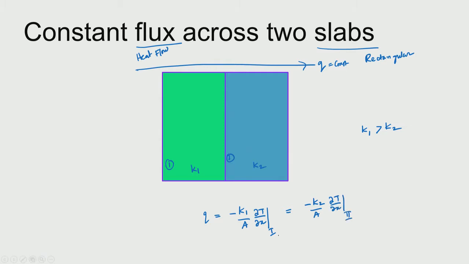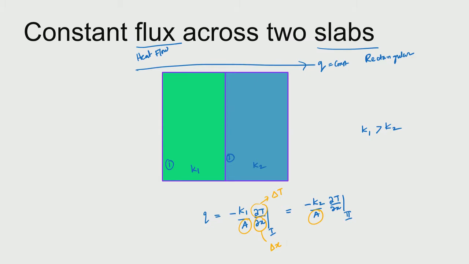Now, we look at this expression and realize that you could simplify the situation, saying that the cross sectional area is the same, which is true here, and we approximate dT as delta T, the temperature difference across, because at steady state the temperature profile is anyway linear, and this is delta X, which is the thickness of the slab.